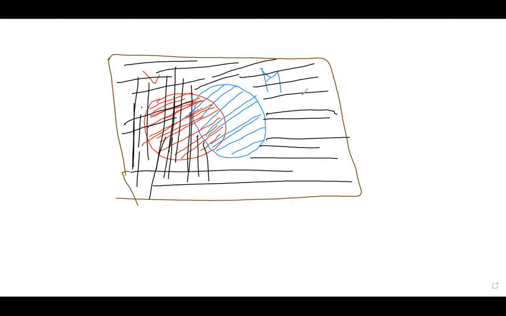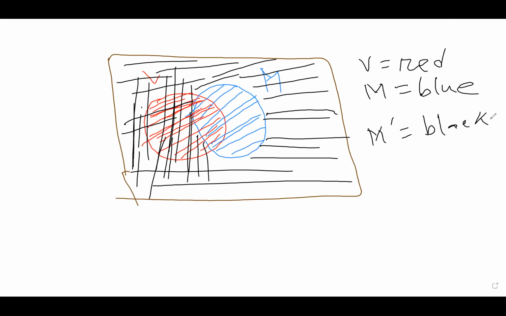So red is V, M is blue here, and M complement is black color. Now V intersection M complement means the common region or common outcomes between V and M complement.